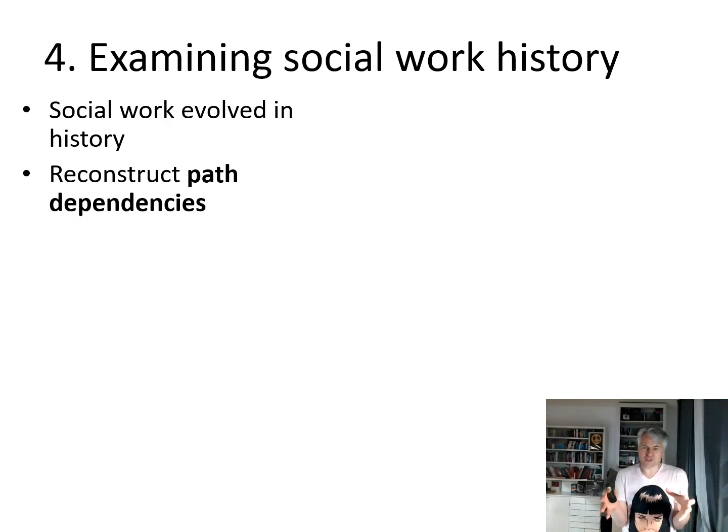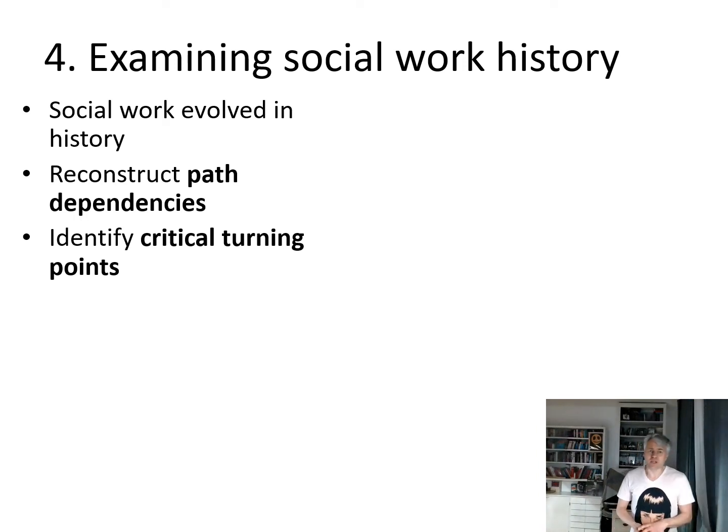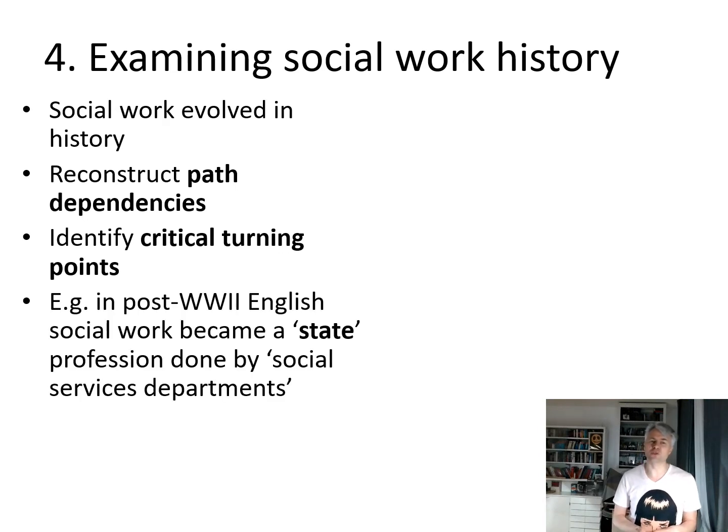So if you think of social work as being a profession which is institutionalized, it's anchored in our institutions, that gives it a kind of dynamic in its evolution, in its development. And it's easy in an institutional sense for social work to evolve in a particular direction and not in another. So we can look at these path dependencies, and we can find moments where maybe there's an opportunity for change, what we might call a critical turning point in that profession's evolution.